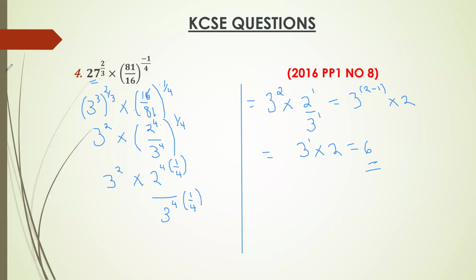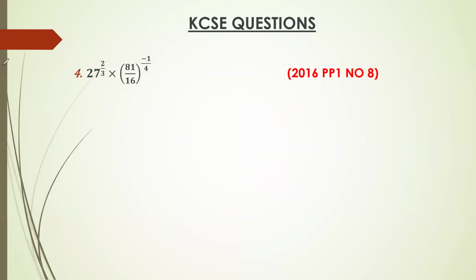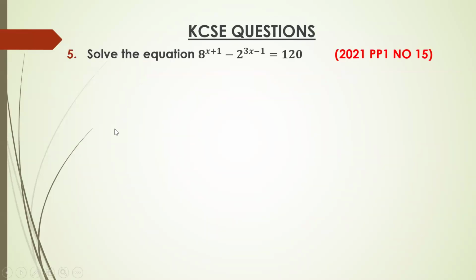Let's go to another question. Question 5. Our last question for indices. So, for question 5, tusema solve the equation, which is this one, 8 power x plus 1 minus 2 power 3x minus 1 equal to 120.